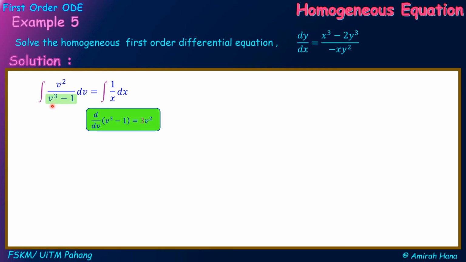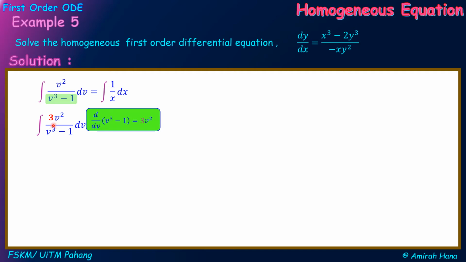Let's say if we differentiate the denominator v cubed minus 1, the answer equals 3v squared, right? And from here, to make 3v squared, we need to multiply by 3 in the numerator. Okay, we can multiply using a constant only.